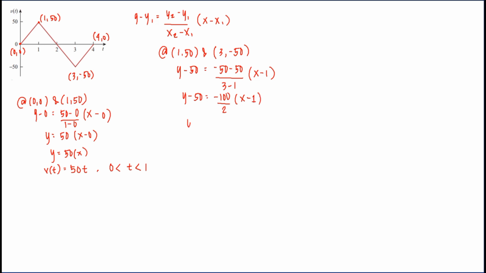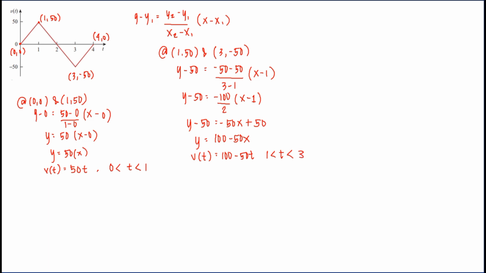So this will be y minus 50 equal to negative 50x plus 50. So this will be y is equal to 100 minus 50x, or v(t) is equal to 100 minus 50t. And our limit is from 1 to 3.